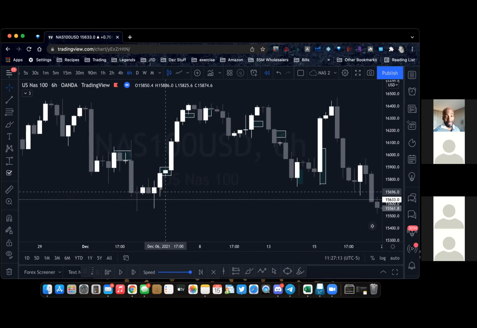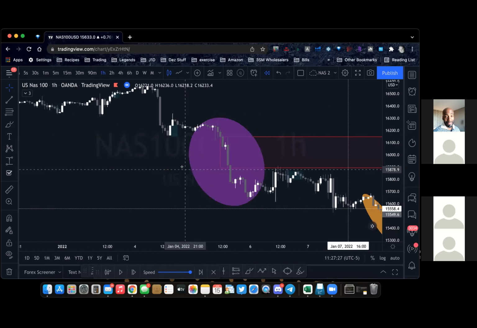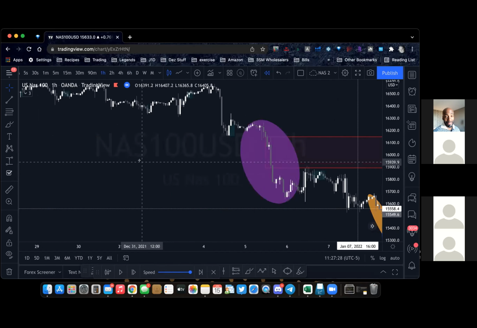The imbalance, and I don't do imbalances on the 6-hour or anything. I do them more traditionally on the 1 hour, on the 4-hour, on the daily and the weekly. An imbalance, and again, I'll go back to the 1 hour to do that in a cleaner area.